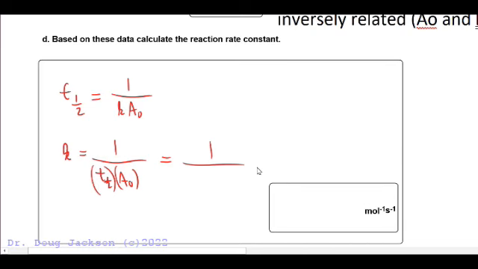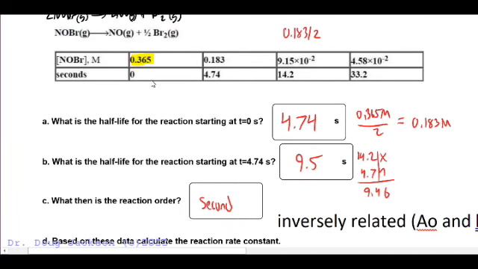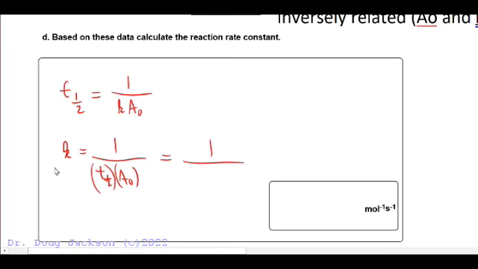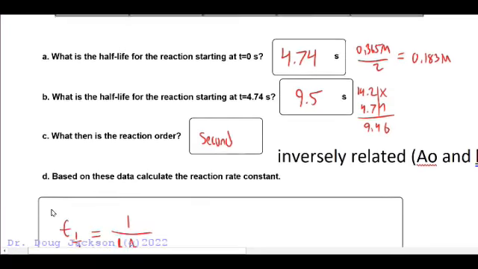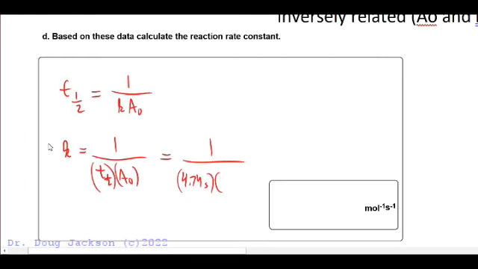Let's pick our time. Our half-life at the first interval here was 4.74 seconds. The initial concentration, if our half-life was 4.74, was 0.365. The final was 0.183. We want the initial concentration, 0.365. Keep our units here, molar.